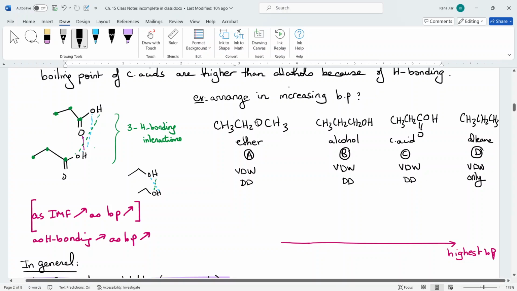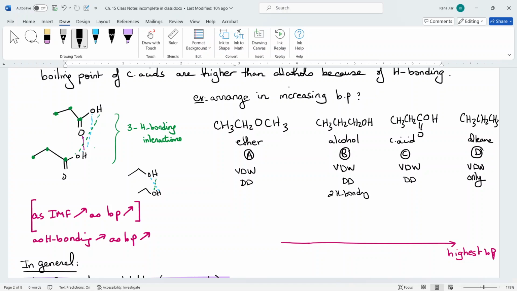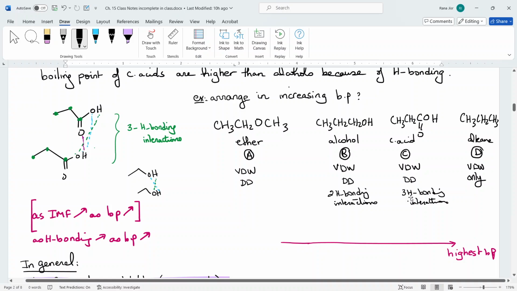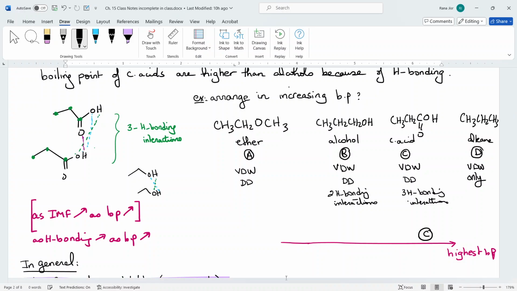That's it for the ether; I don't have anything else. But for the alcohol and the acid, I do have hydrogen bonding. For the alcohol, I have 2 hydrogen bonding interactions, and for the acid, I have 3 hydrogen bonding interactions. So it makes sense that the acid is going to have the highest boiling point. If I want to arrange in increasing boiling point, increasing means from the least to the most, so the acid is going to be the most, and I put it all the way at the end.